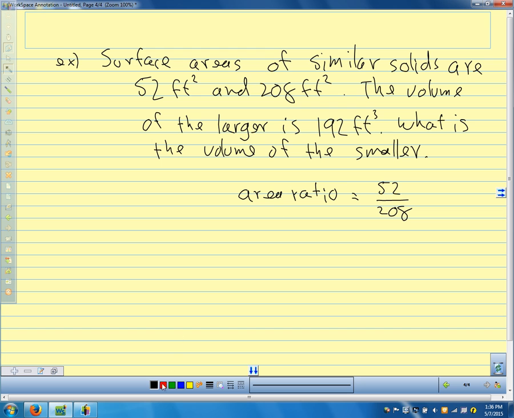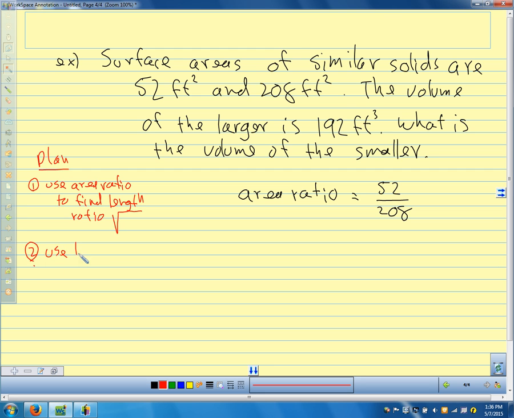So let's write our plan over here like we did before. We're going to use the area ratio to find the length ratio. And we decided we're going to do that by the square root. So we're a little ahead of where we were last time, because we know what we're going to do.